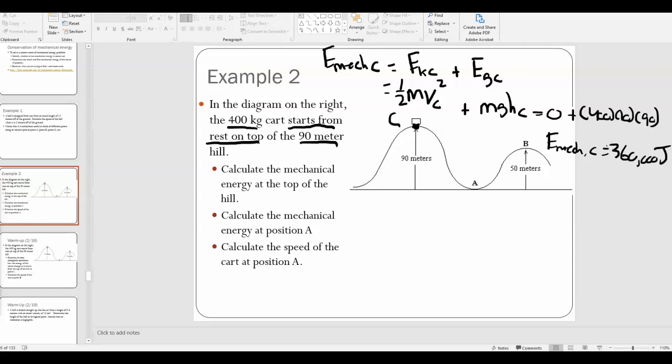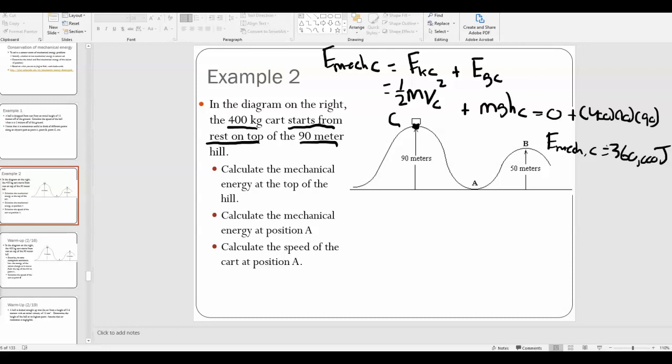Now here is the concept of mechanical energy conservation. This is how much mechanical energy the cart starts with. Mechanical energy is conserved as long as there's no resistive forces. And there's nothing in the problem to suggest any resistive forces like friction or air resistance.